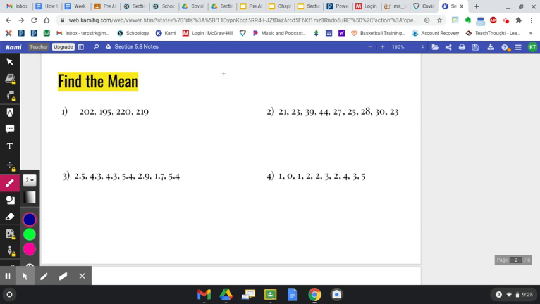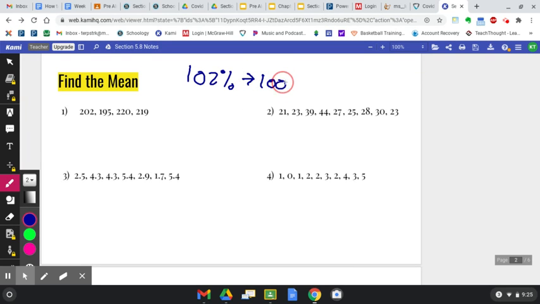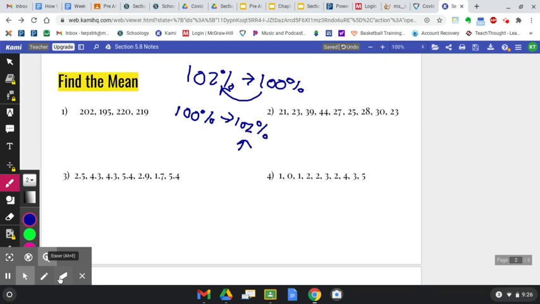So for example, if you have 102% in the class and you get 100% on your next assignment, that's lower than your average, so it's going to pull your average down. Now, let's say that you had 100% in the class and you get 102% on the next test. That's going to pull your average up because this value that's going in is higher than your current average. So that's how averages work, or how means work.